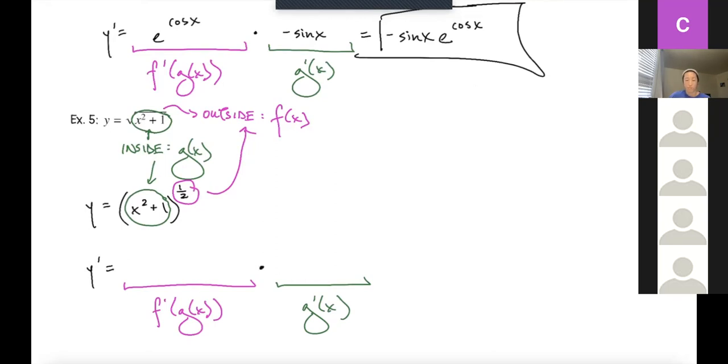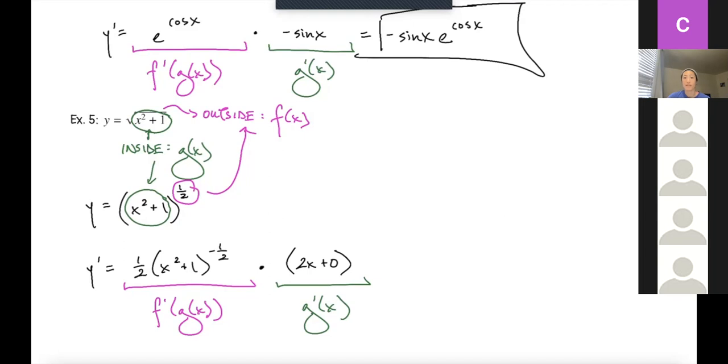So derivative of the outside is going to give me 1/2 x squared plus 1 to the negative 1/2. All I did was use the power rule there. And then my derivative for g prime of x is just going to be 2x plus 0.